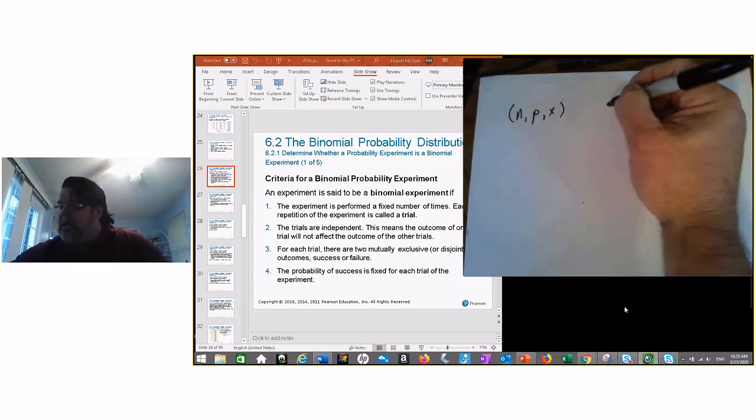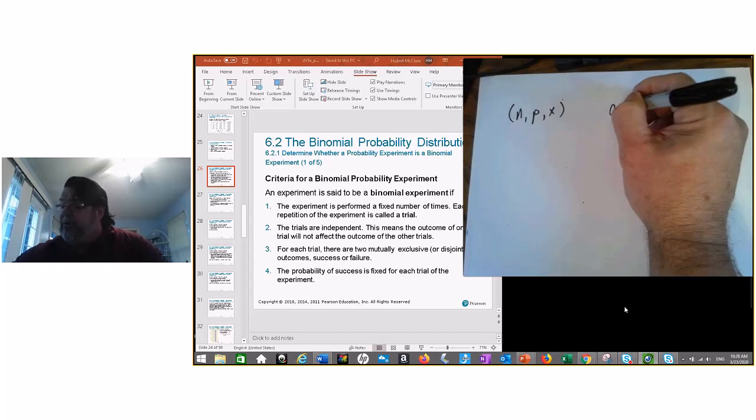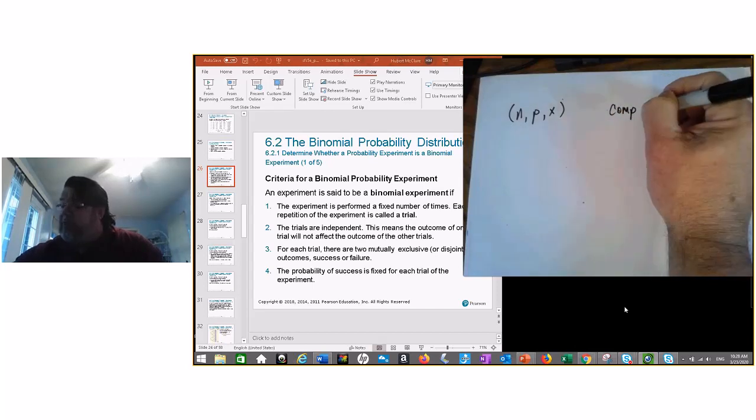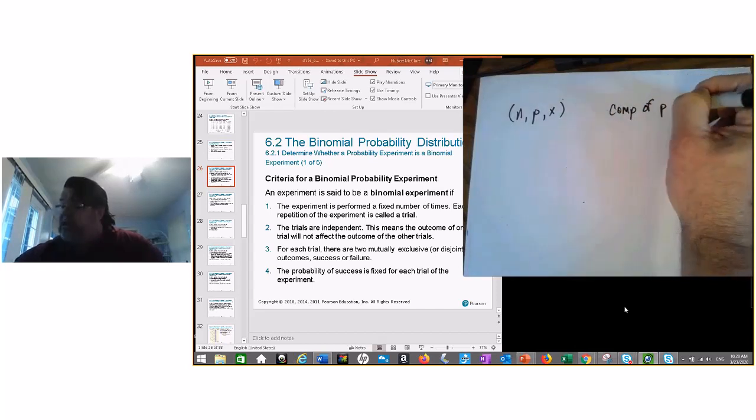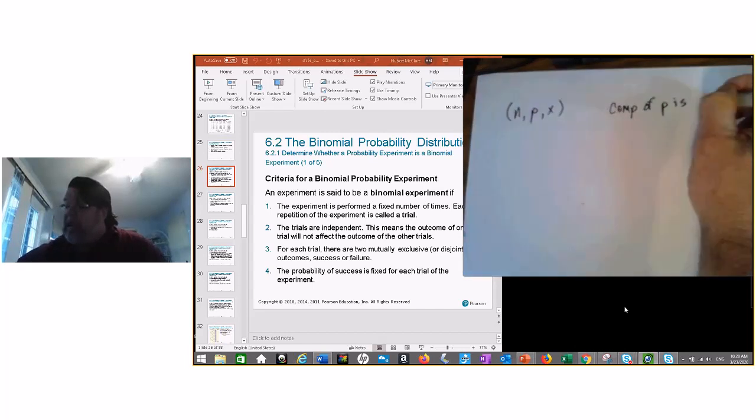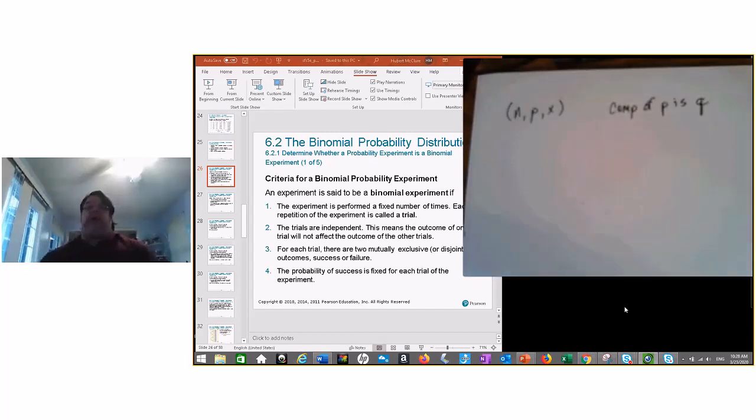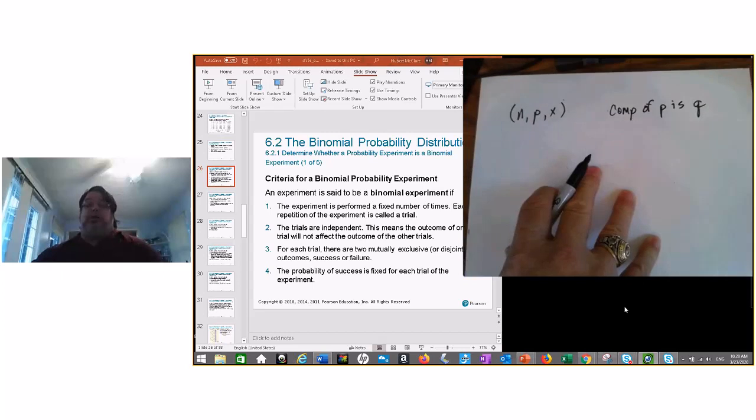Also, the complement of P is Q. Now, you're not going to need it, but when you're doing the formula that I'm going to show you in just a minute, you're going to use Q. You don't have to because you're using the calculator.